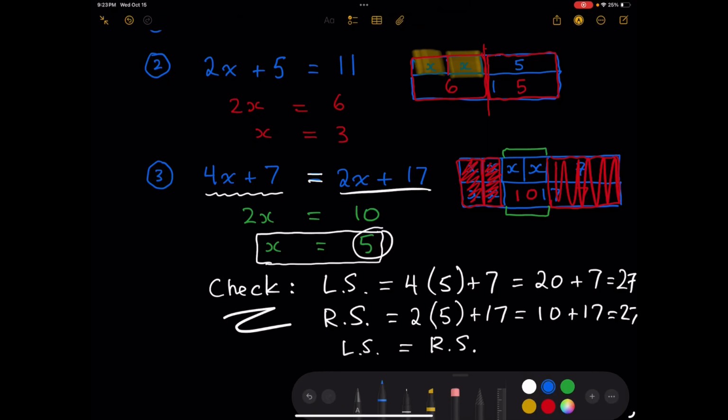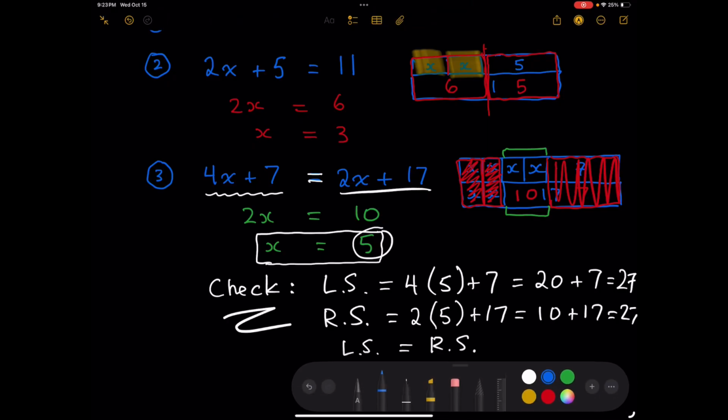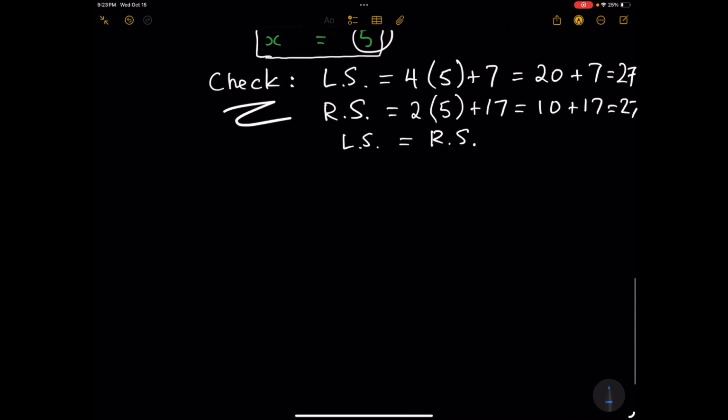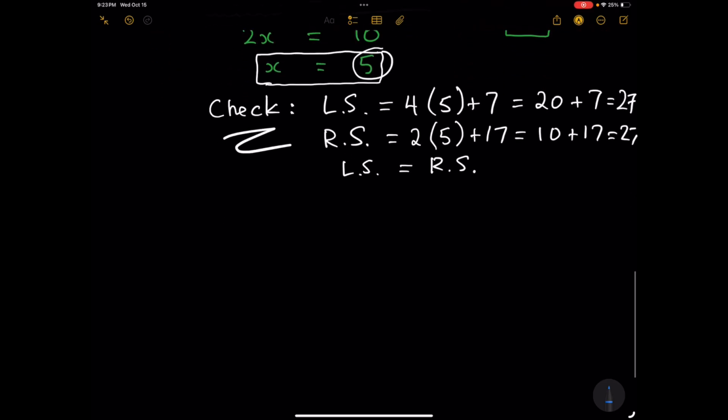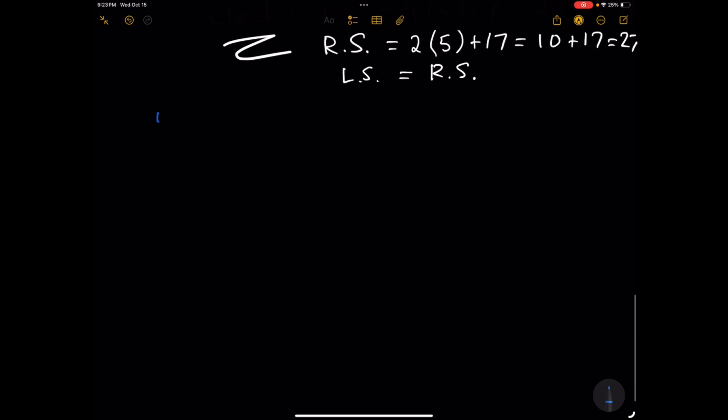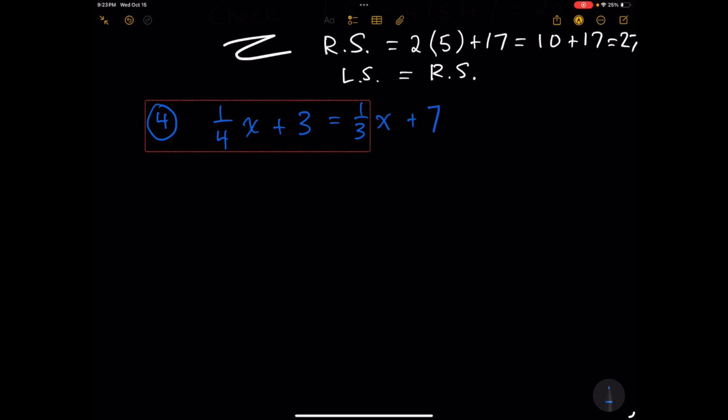I'm going to drop in a question here. Example number 4. And example number 4 is going to have a fraction in it. Okay, 1/4 x plus 3 equals 1/3 x plus 7.